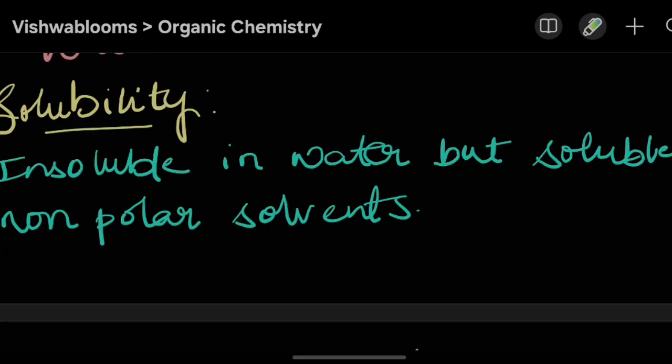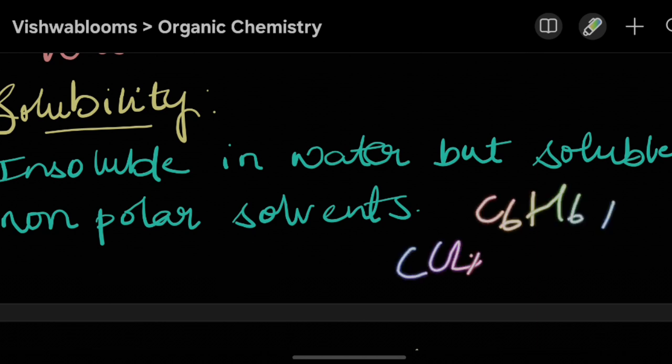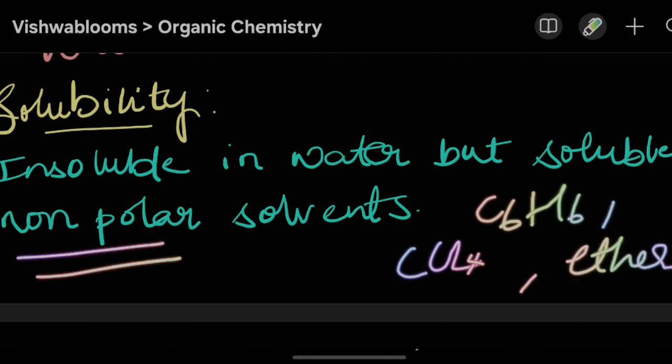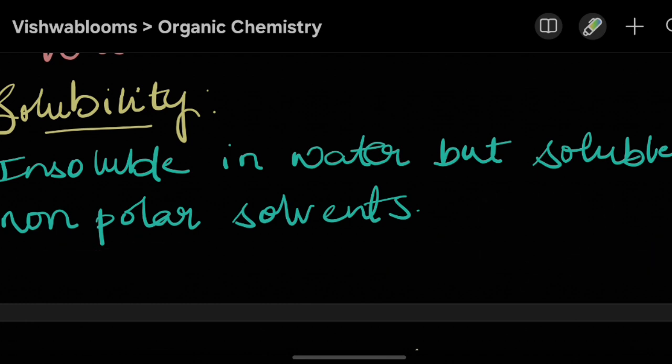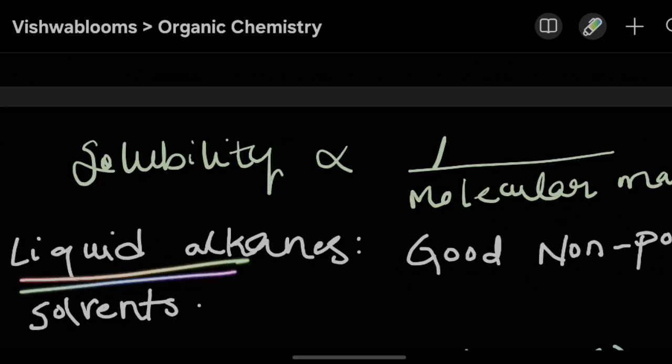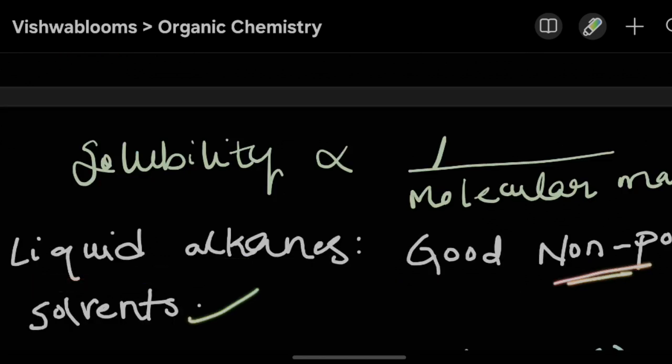As discussed, it is insoluble in water, but soluble in non-polar solvents. Examples of non-polar solvents are benzene C6H6, CCl4 and ether. And liquid alkanes are themselves good non-polar solvents.